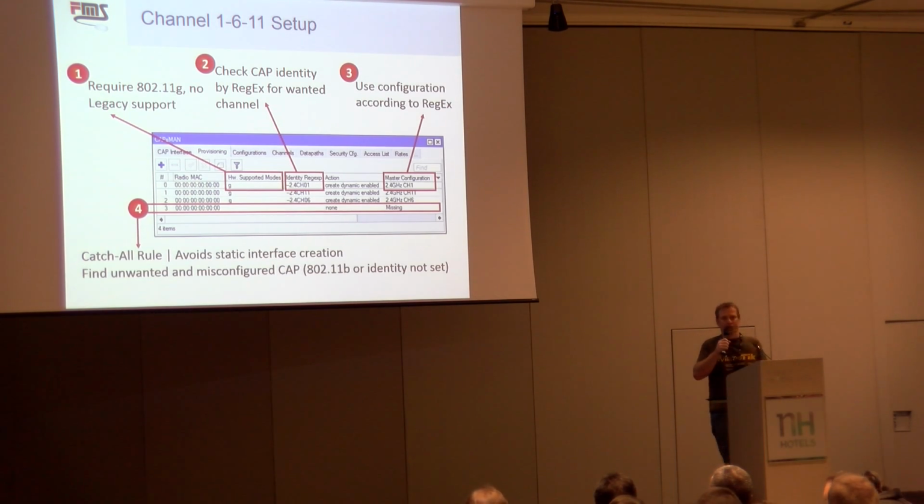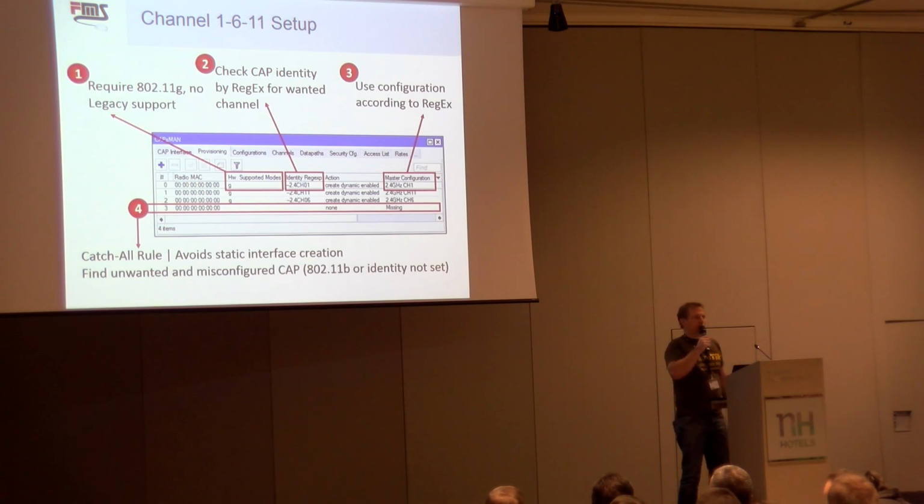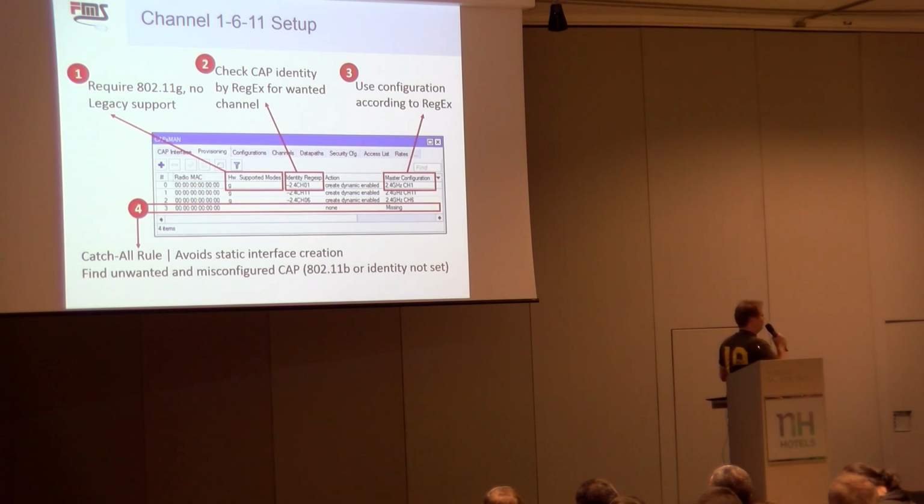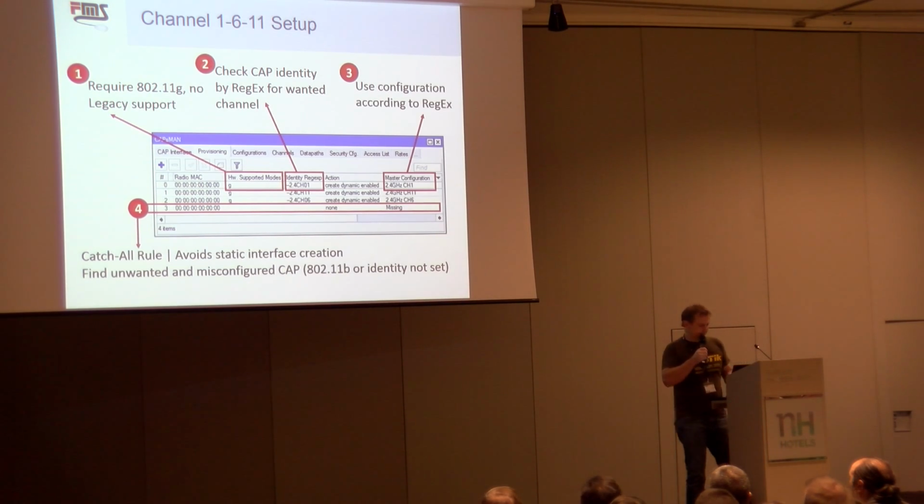So for any reason, something's not good. And if it's not good, we don't want CAPS Manager to create an interface for it, but we want to have the possibility to find that very radio later pretty easy. And for now, we just create this catch-all provisioning rule, and we use an action of none. That means no interface is created.